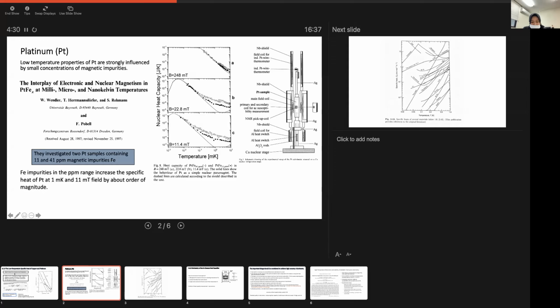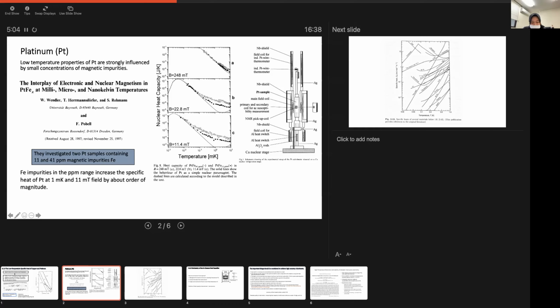So we see this is the experimental setup, the calorimeter for platinum, and they gathered this data, the heat capacity of platinum with impurities of iron, at 1 millikelvin and 11 millitesla field.